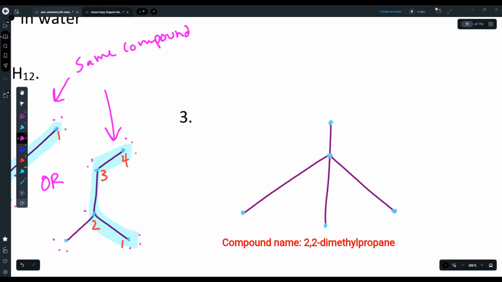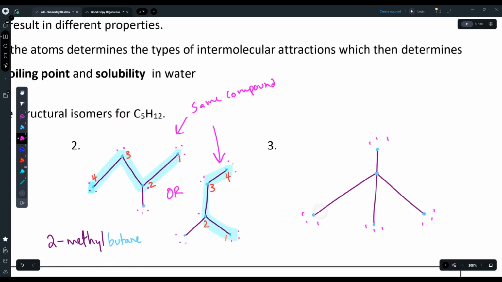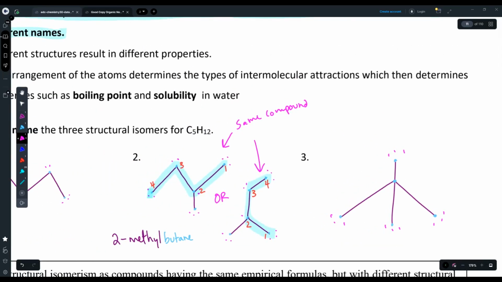For our implied hydrogens, 1, 2, 3, 4, 5, 6, 7, 8, 9, 10, 11, 12. Okay? So with figuring out isomers, the best way to figure out what possible isomers are is just to play around with the placement of the branch or how many branches you have in your compound.